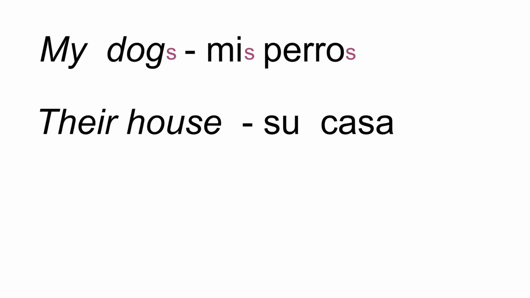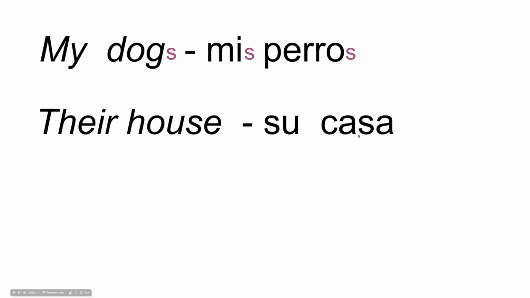Their house. So in other words, su casa. Notice there is more than one person here. You still use su because there is only one casa. This does not care how many people own it. It matches the thing you own.